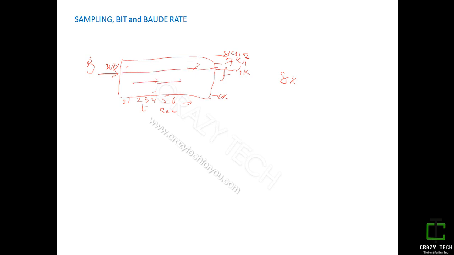You will have signal up to 4 kilohertz, and beyond that you don't have any signal. If you have sampled your signal, let's say, at the rate of 44 kilohertz, you can see your signal flowing up to 22 kilohertz. Beyond that you don't have any signal. This is the thing I need you to understand out of this.